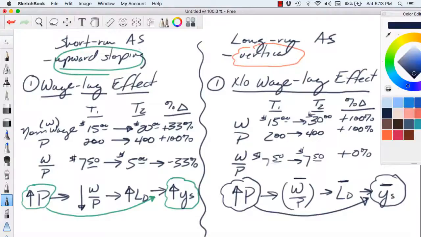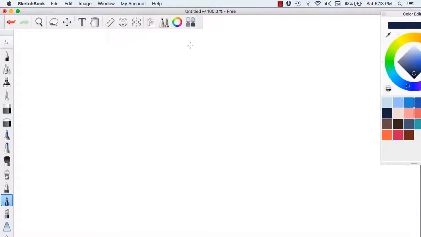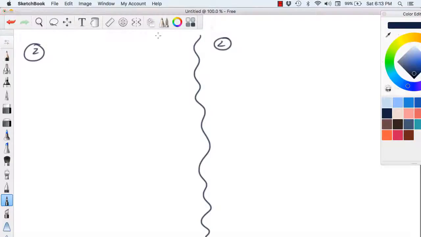A second reason has to do with people misinterpreting real prices from nominal prices. Let me give you an example of this. So let me clear this, and we'll start over again. Again, we're going to have a dividing line down through here, and on the left we'll be looking at short run. On the right we'll be looking at long run.